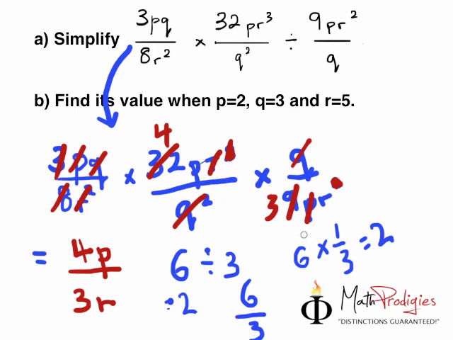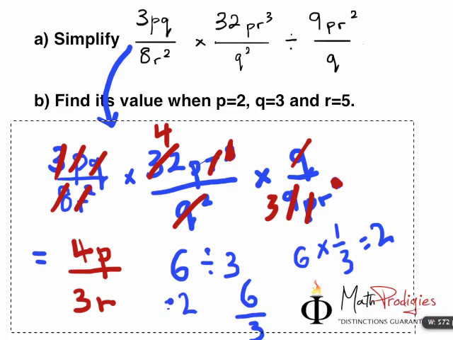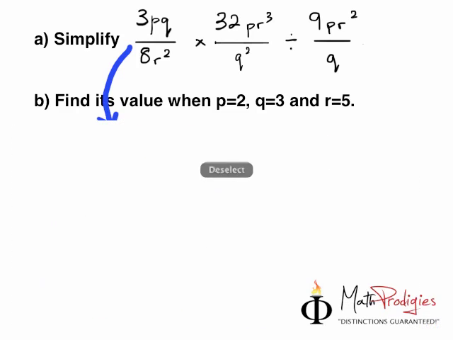So, I'm just going to give you another example. Say there is an x and a y, and you divide z by x over y. What you're actually doing is multiplying.